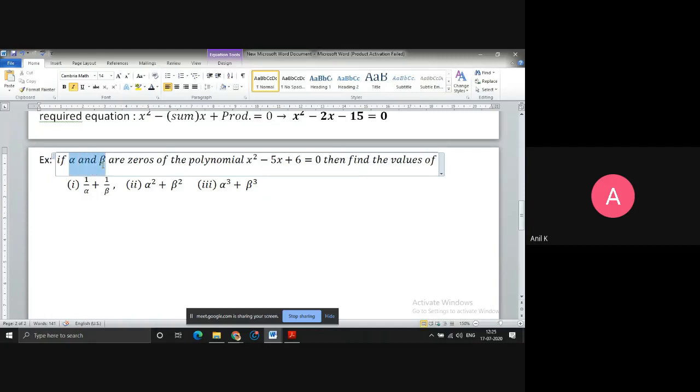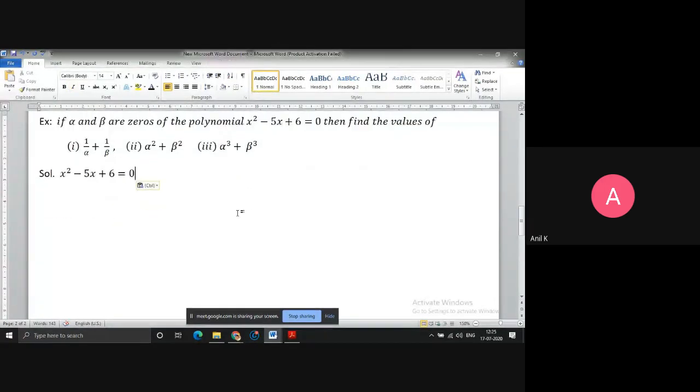Alpha and beta are zeros of this quadratic polynomial, x square minus 5x plus 6 equals to 0. So if I find the zeros of this polynomial, that is going to be the alpha value and beta value. I'll skip the splitting the middle term step, which you already know.